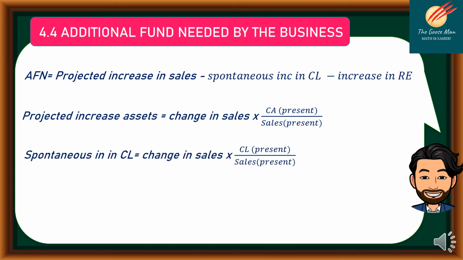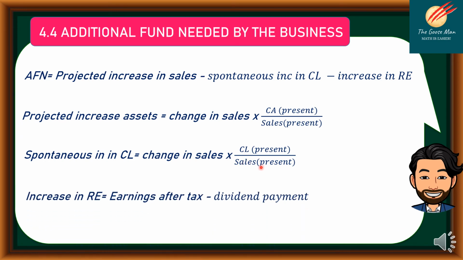Next, the spontaneous increase in current liabilities, the CL, is equal to change in sales times the current liabilities divided by the sales at present. And also, the increase in retained earnings is equal to earnings after tax minus dividend payment.